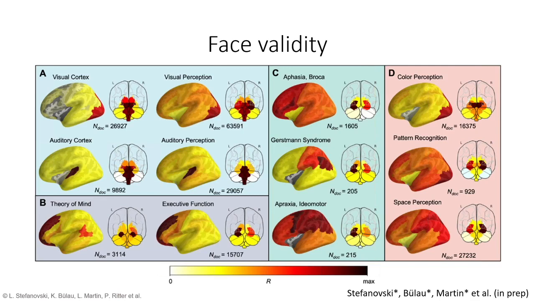The visual perception is, of course, mostly relevant in the primary visual areas, but is also projecting to other areas in the dorsal and the ventral stream for different kinds of perception.